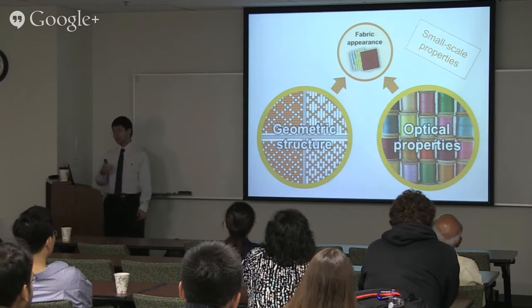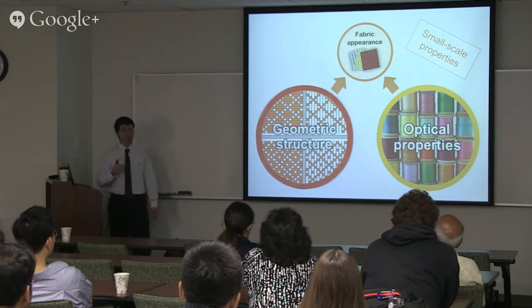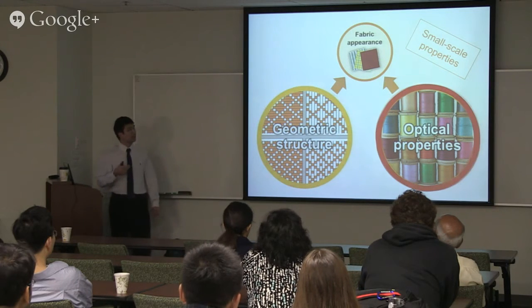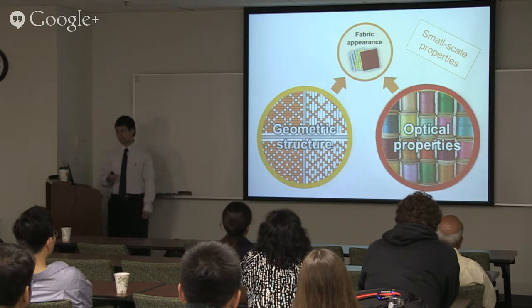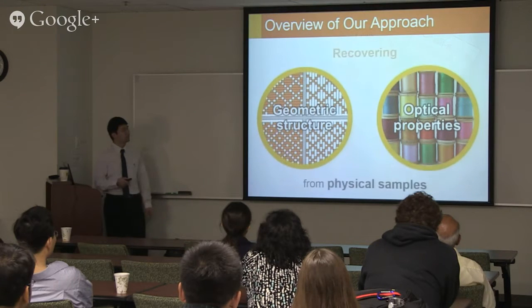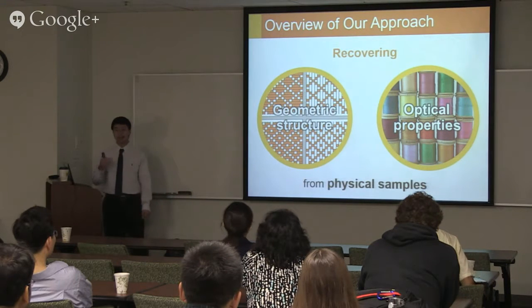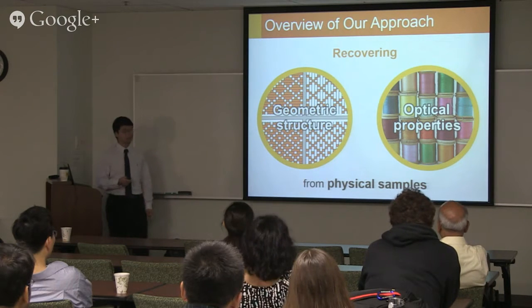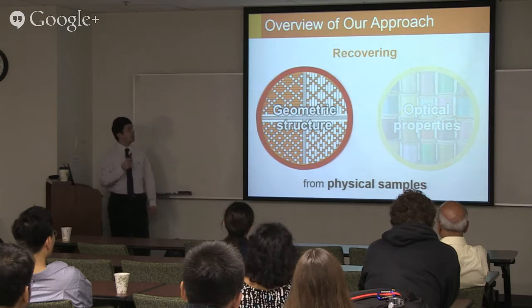A fabric's small-scale properties include the underlying yarns and fibers' geometric structure, as well as their optical properties, such as colors. So we designed an end-to-end pipeline to recover such information from physical samples. Let's start with retrieving the geometric structures.